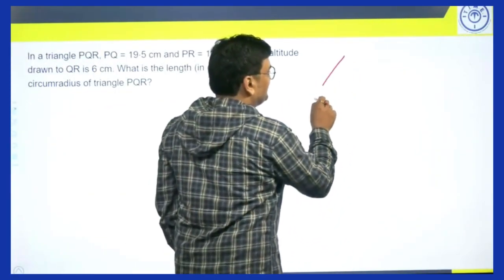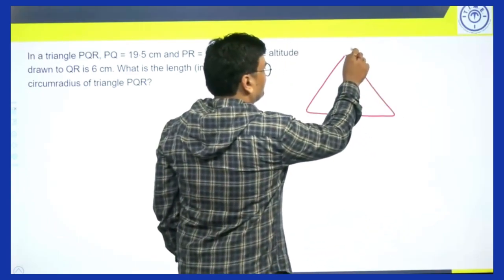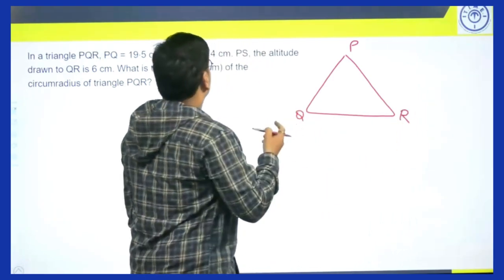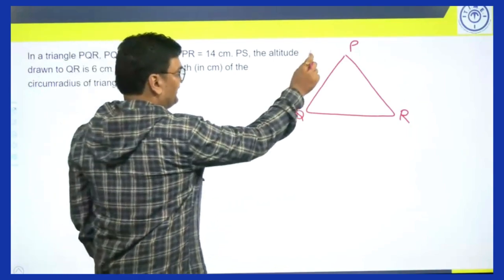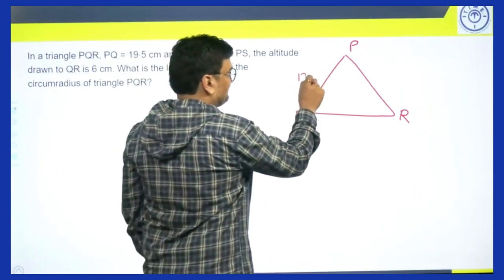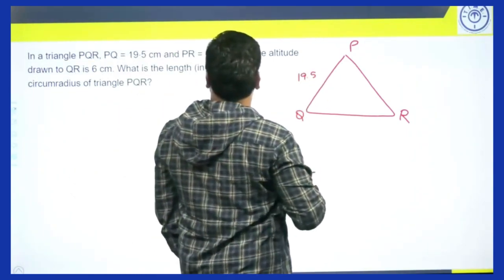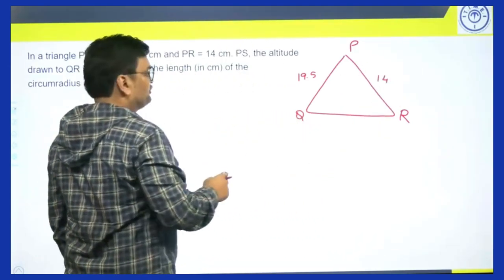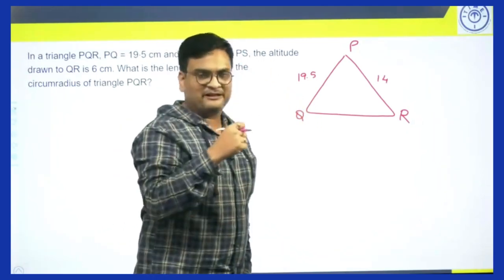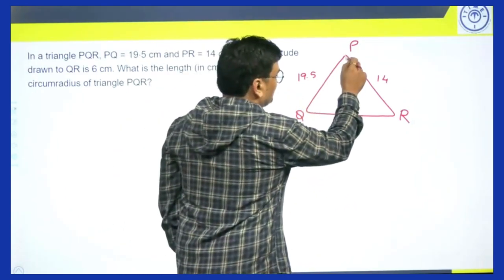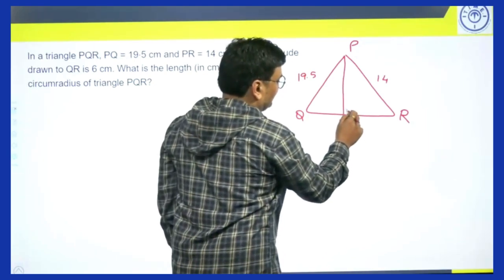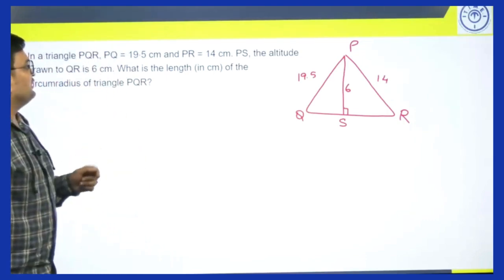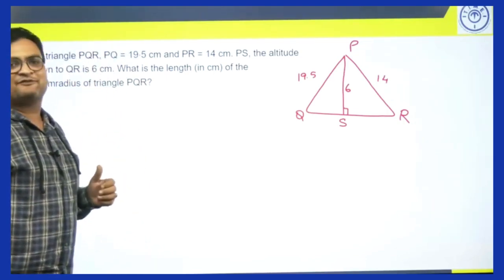If I take the triangle PQR, PQ is 19.5, PR is 14, and the altitude drawn to QR, altitude meaning the perpendicular. When I drop the perpendicular like this, say PS, this PS length is 6 centimeters. What is the length of the circumradius of the triangle PQR?